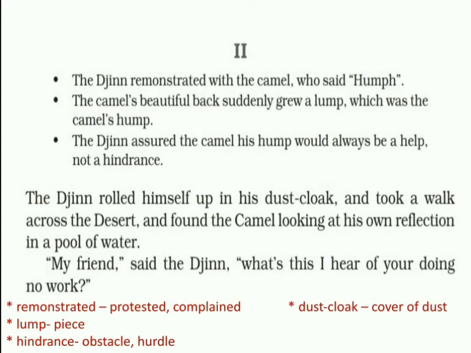So in part 2 you can see that the camel had a beautiful back, and finally a hump grows on it. The jinn assured the camel his hump would always be a help, not a hindrance. So the jinn assures the camel that the hump will not be any obstacle, hurdle or barrier to the camel.